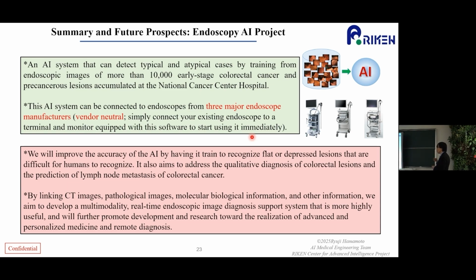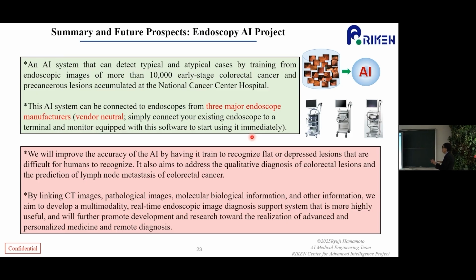As a future plan, we will improve the accuracy of the artificial intelligence by training it to recognize flat or depressed regions that are difficult for humans to recognize. It also aims to address the characterization diagnosis of colorectal lesions and the prediction of lymph node metastasis of colorectal cancer.